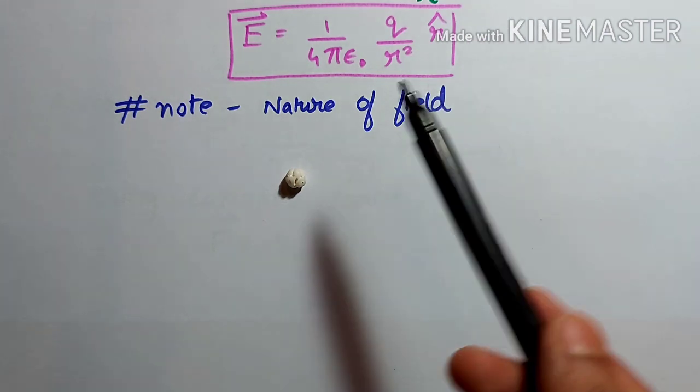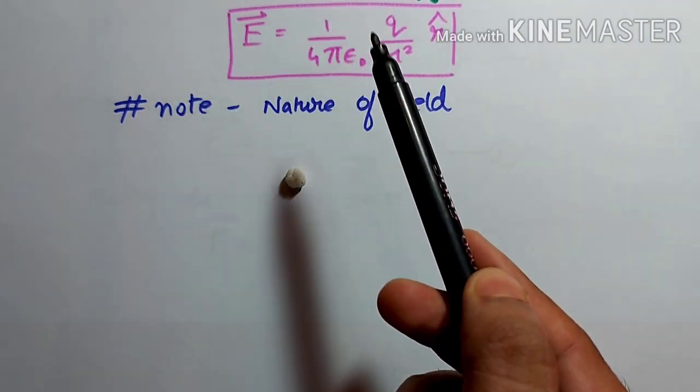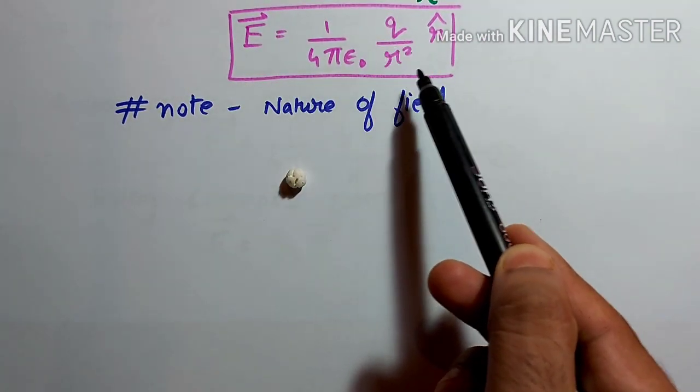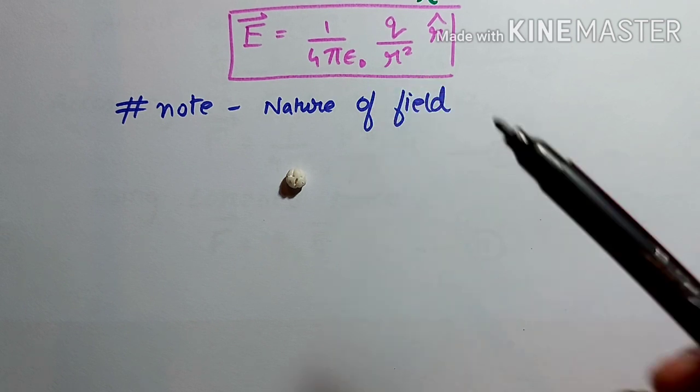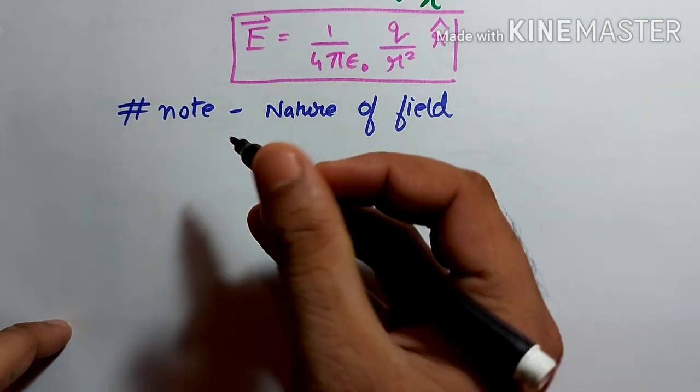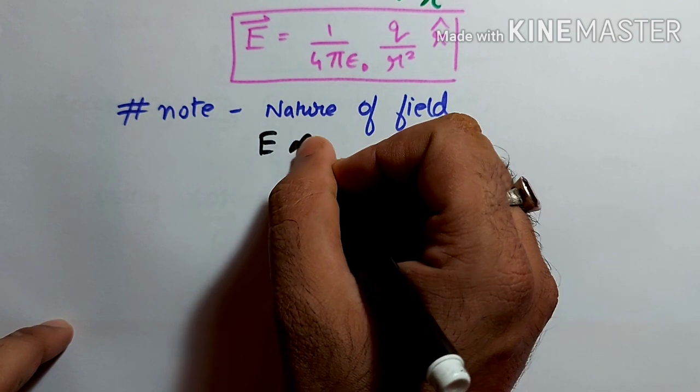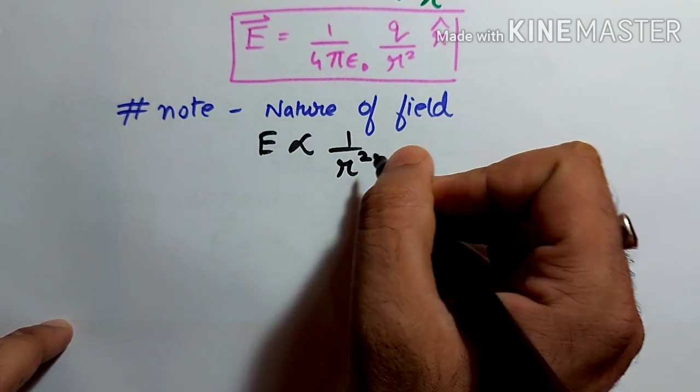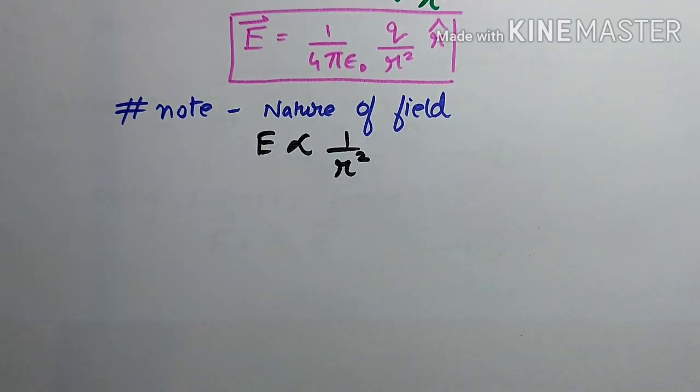Hence, electric field is only dependent on the factor r. We can say E is inversely proportional to the square of the distance between the source charge and the point at which we are determining the magnitude of electric field intensity.